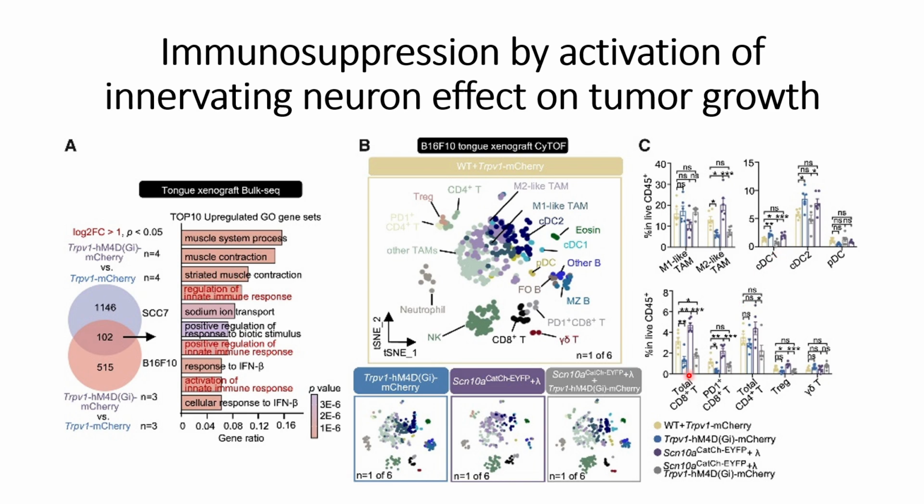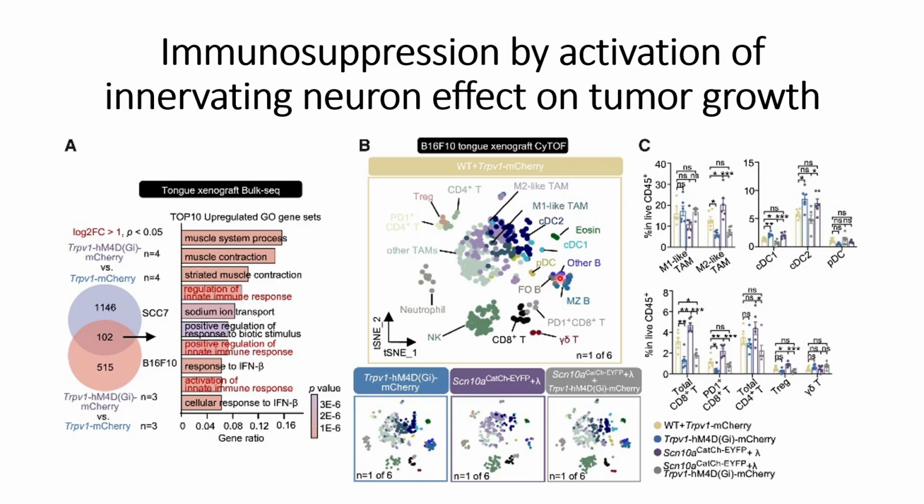At the same time, regulatory T cells also go down, indicating that the immunosuppressive environment goes down whenever chemogenetic inhibition is combined with CatCh. These things are also true when only chemogenetic inhibition is done using the HM4DGI reagent.